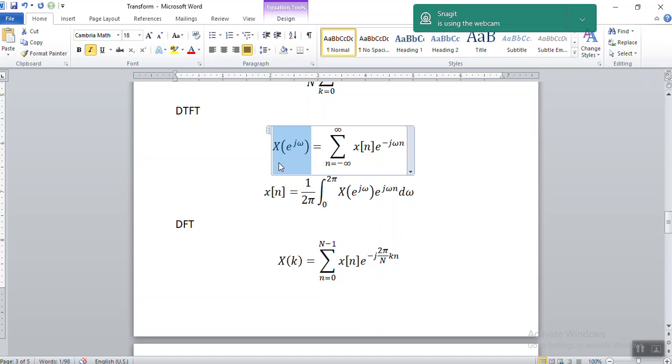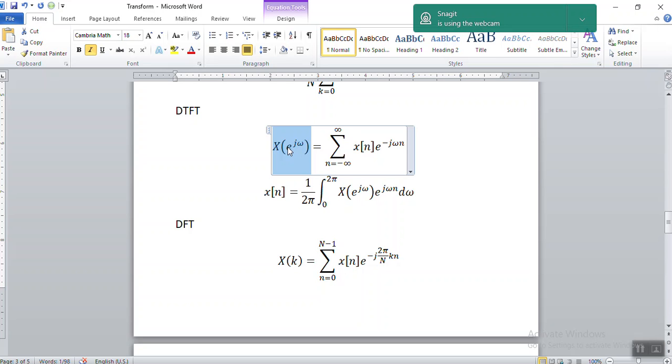So, for computing in a machine, we must sample it, just as a continuous time signal has an infinite number of samples over the time of interest, and we do the sampling to make it discrete time, to make it a finite number of samples. Similarly, this X of e to the power j omega is continuous over the range minus pi to pi, so it has an infinite number of frequency samples, and we need to do the sampling.